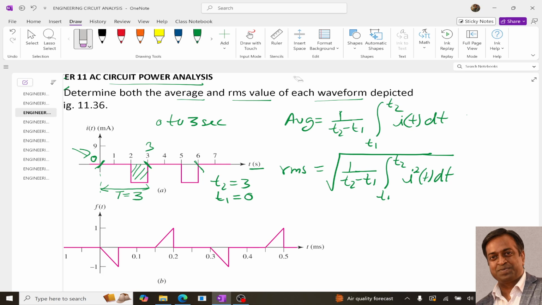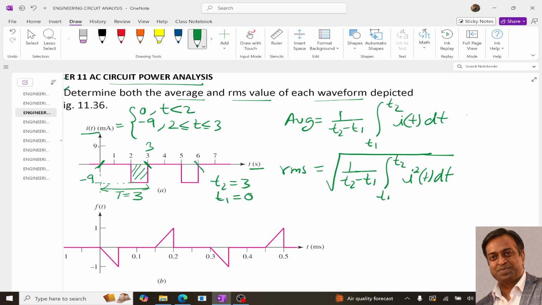If you look at this, it is given 9 over here, and since it is negative, we can take this as minus 9. So this i(t) can be expressed as 0 for t less than 2, and minus 9 in between 2 and 3, for one period.